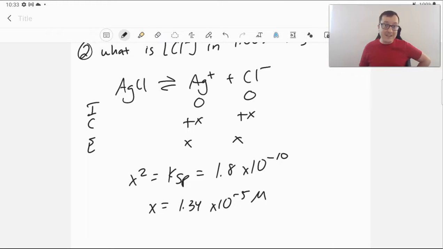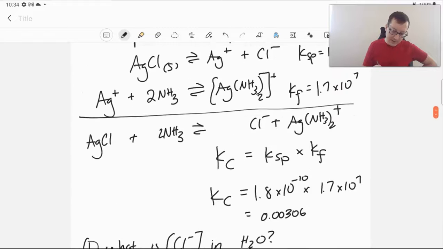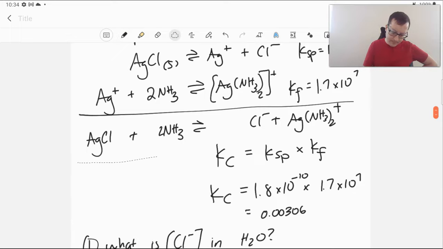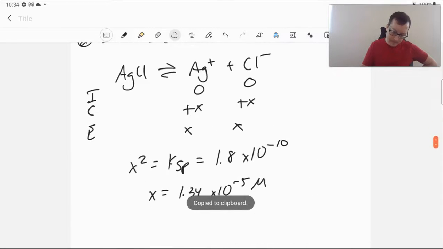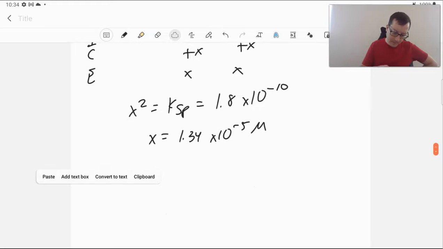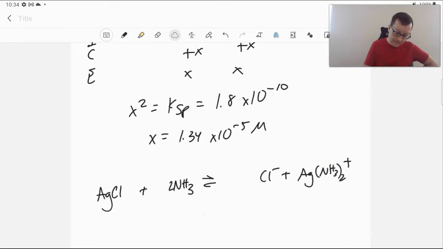And we should see that with the addition of ammonia, we're going to drive this reaction to the product side, therefore producing more chloride ions, increasing the solubility of our salt. But let's calculate it to be sure. I have the equation written out here, so I'm just going to copy it. We'll do our ICE table.